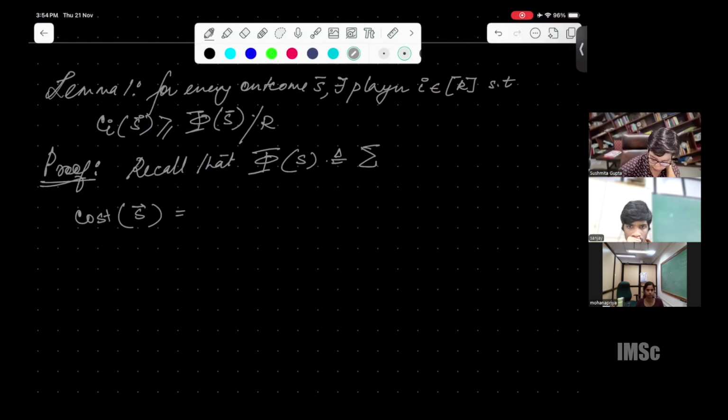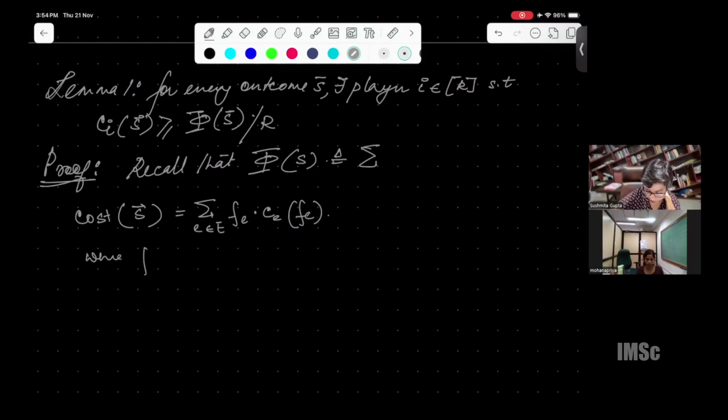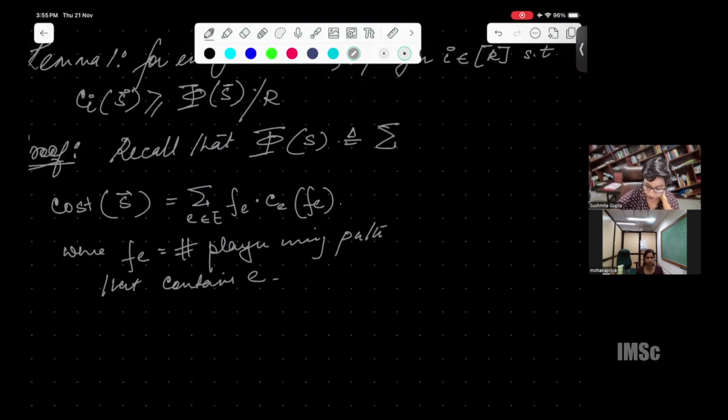So, okay, let's write this. This is almost formulaic. Where f_e is the number of players using a path that contains e, correct?